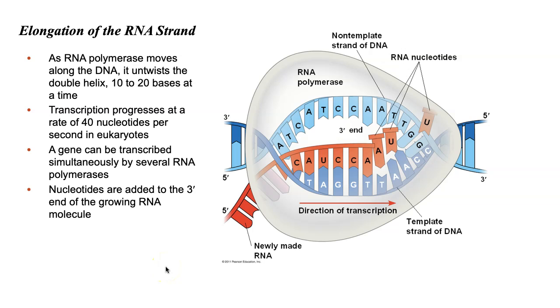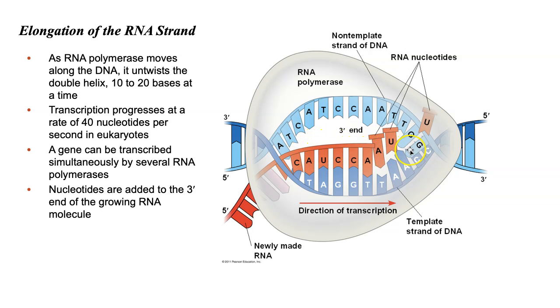Once the RNA polymerase II enzyme is on there, it is able to polymerize 10 to 20 bases at a time. So it is going to simultaneously untwist the double helix and polymerize. It has a mechanism where it recognizes the DNA strand, the template strand, which is the dark blue strand, and is adding on the complementary RNA base pairs.